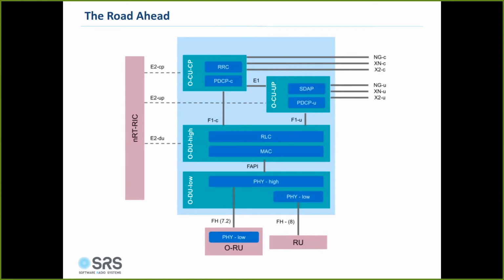Here I'm simply highlighting the individual layers that sit within each of these components. As you can see at the bottom of the diagram, we do intend to support both split 8 and split 7.2x for fronthaul. So split 8 will ensure continuing support for off-the-shelf SDR front ends, such as the USRP from National Instruments, whereas split 7.2x expands the range of radios that are available for testing.